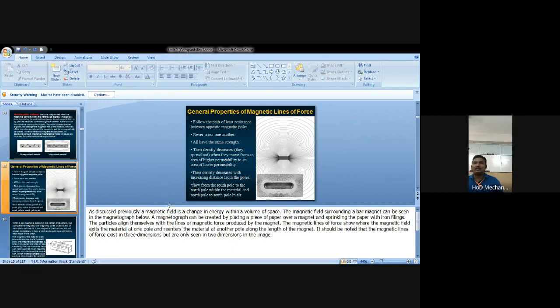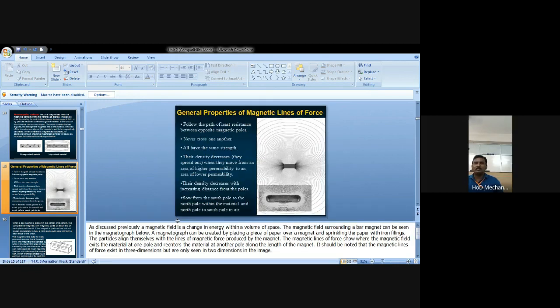As we discussed previously, a magnetic field is a change in energy within a volume of space.